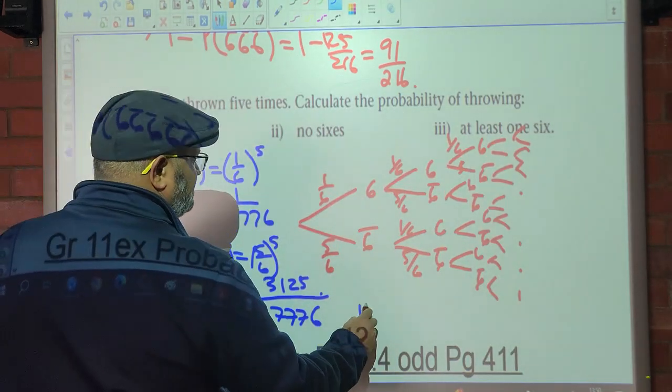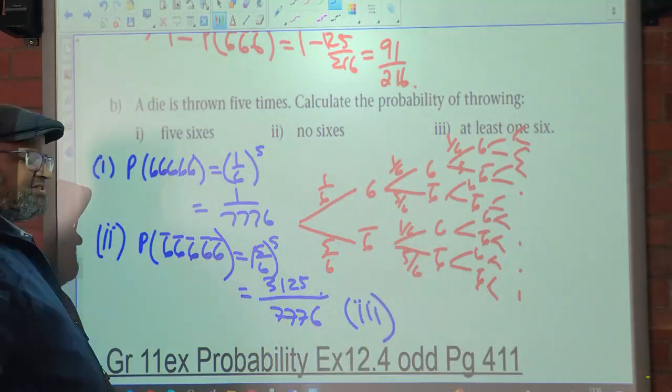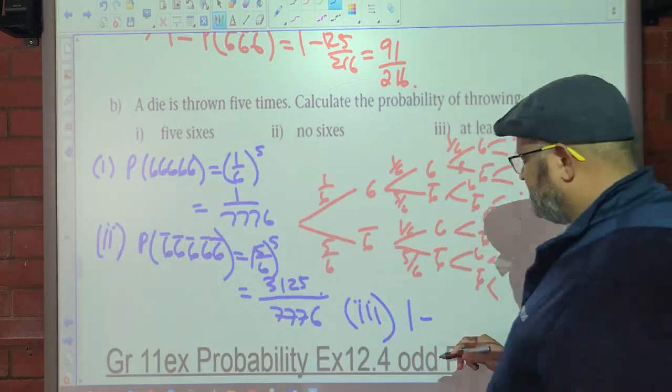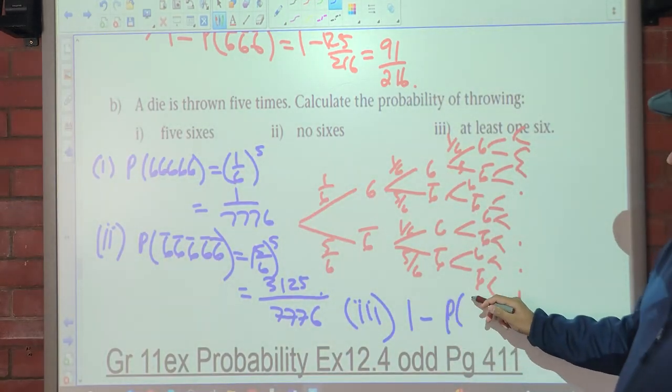Let's look at number 3. At least 1 six is the same as saying 1 minus no 6s, which is the complementary event. Not so?